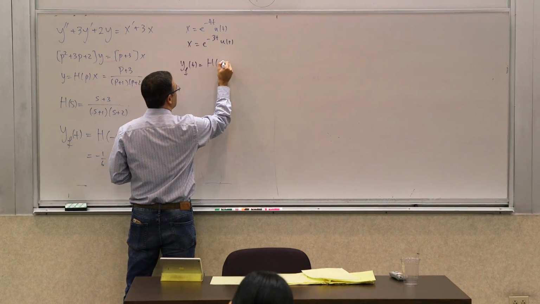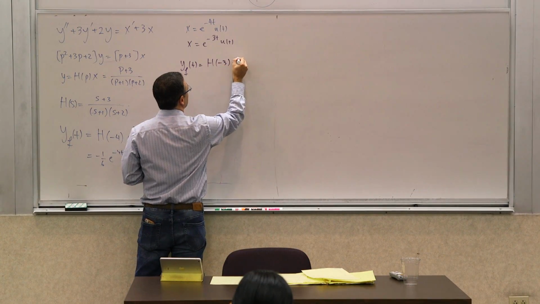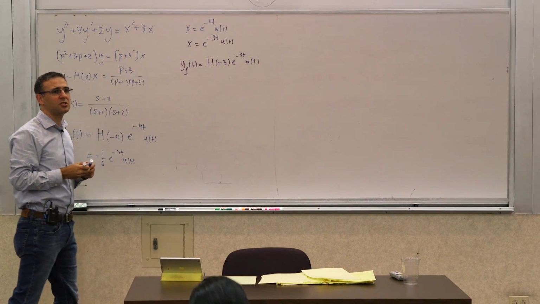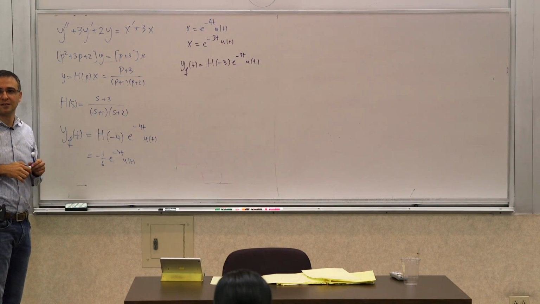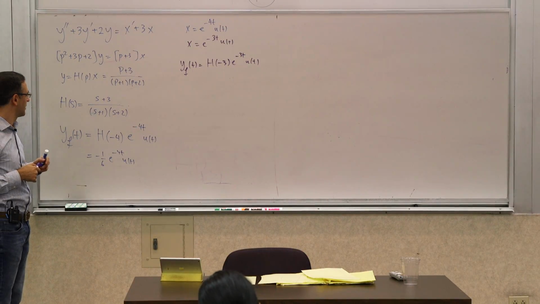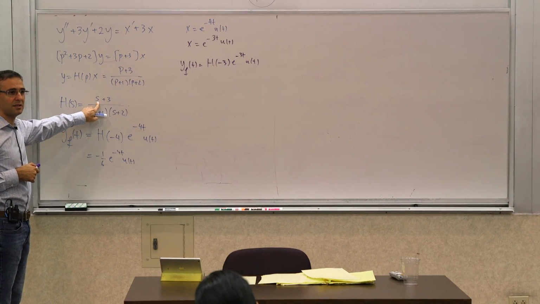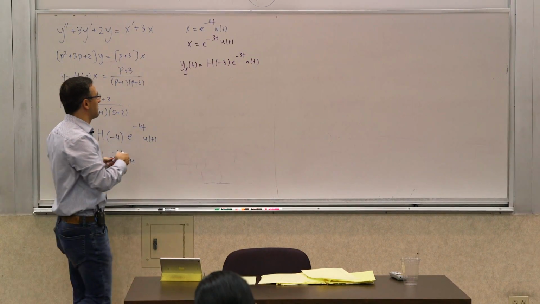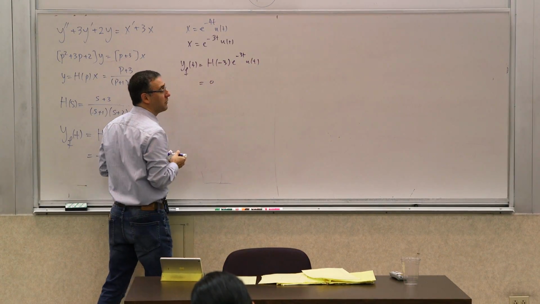It's H of negative 3 e to the negative 3t u of t. So what is H of negative 3? What is it? 0, right? If I put negative 3 here, it's the root of the numerator. It's 0. The forced response is 0.